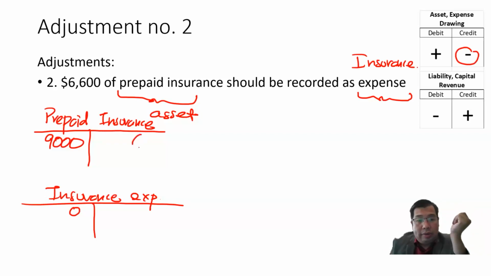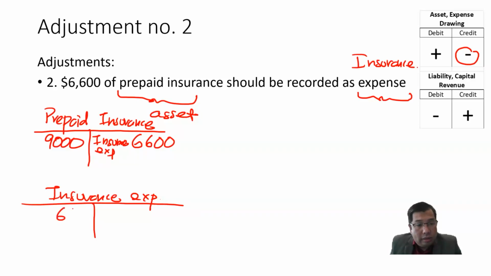We're going to credit 6,600 here. Then we're going to put insurance expense, so our expenses will increase by 6,600. Maybe this is for 1 year.